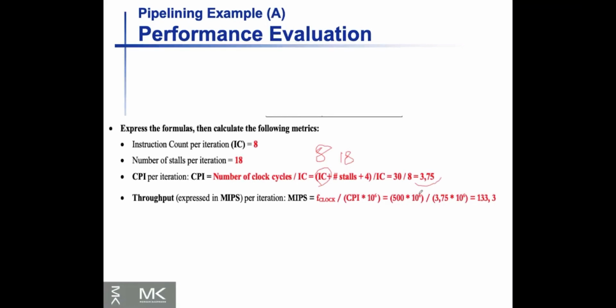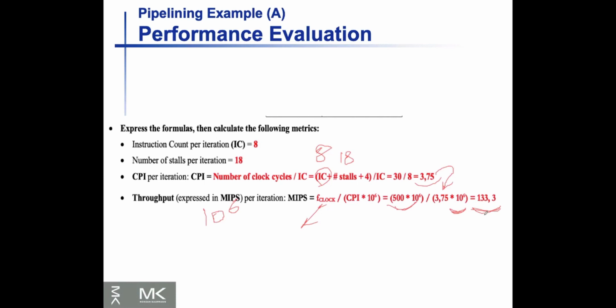Clocks per instruction. Then you can easily compute the throughput in MIPS, which is 10 to the power of 6, mega, right? This will be given to you either in nanoseconds or hertz. So it was given to you as 500 multiplied by 10 to the power of 6, and then you just use the CPI you found, and scale it up to MIPS because we are expressing in MIPS, and that would be your final throughput.